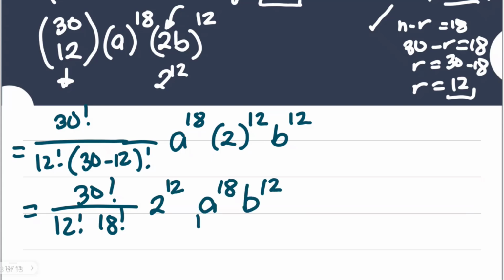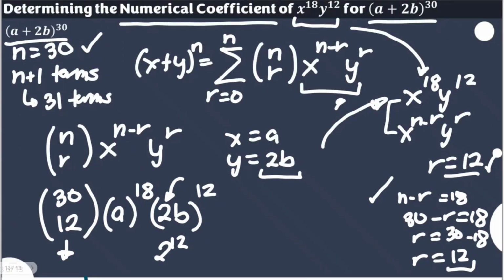12. I'm so sorry, my given is incorrect. My bad. I will edit this because it should also be a and b, so that we will be guided that it's actually a to the power of 18 and b to the power of 12.